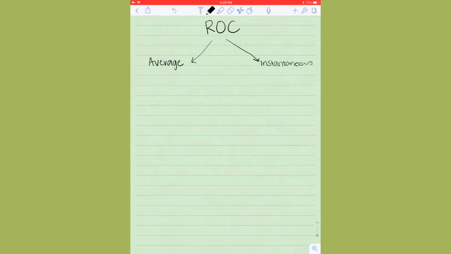So when I use the average rate of change, this is my typical idea of what slope is. And remember that slope is measuring the rate of change. So you know the definition as y2 minus y1 over x2 minus x1.